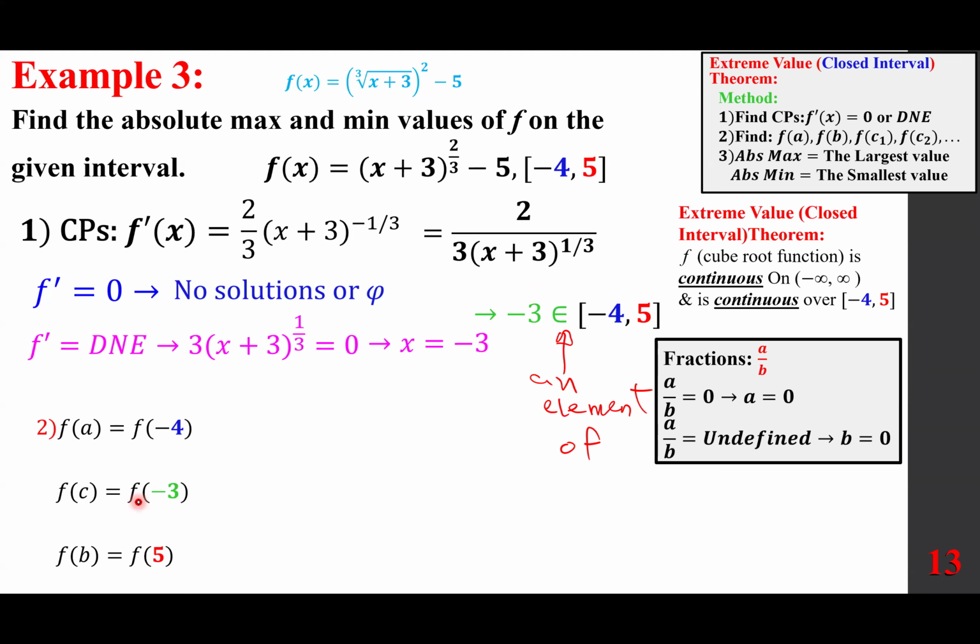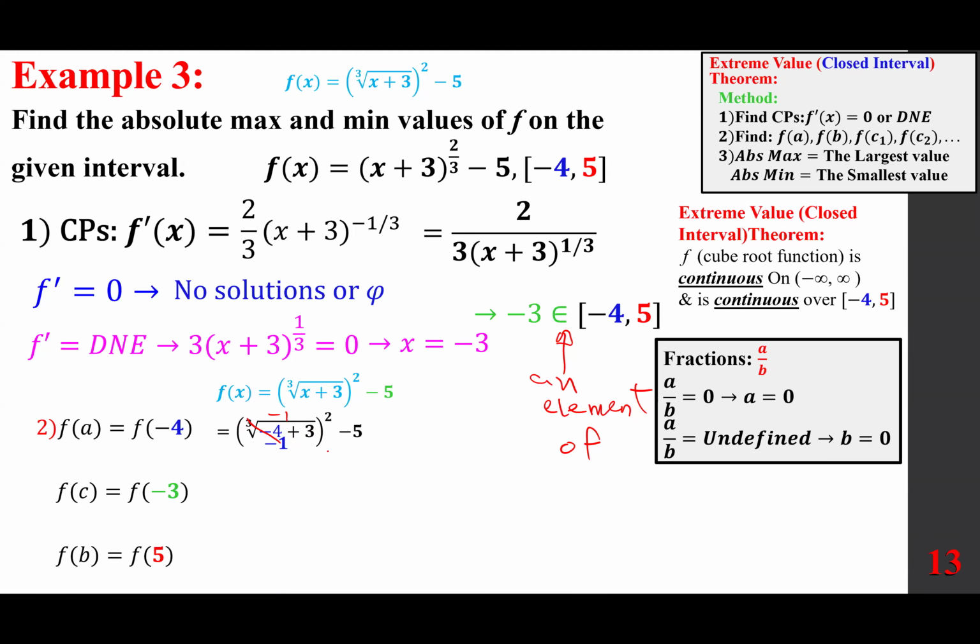We are going to use either this one or that one, makes no difference. Let's plug in negative 4 here. I hope you see that negative 4 and 3 add up to negative 1. What is the cube root of negative 1? Negative 1.